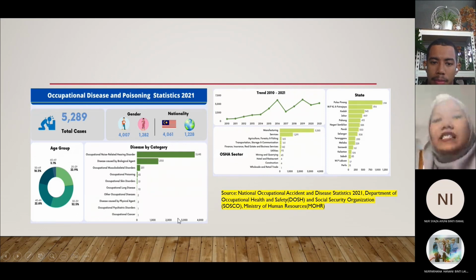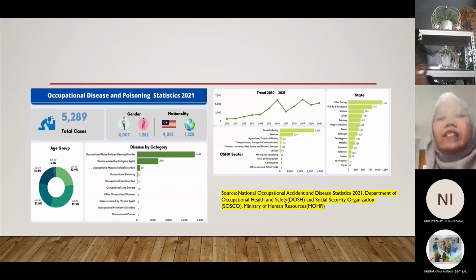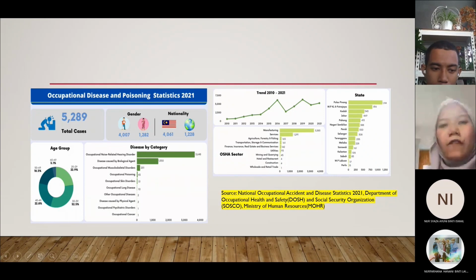These records were confirmed by DOSH, among the three highest categories of occupational disease. Noise-related hearing disorder, which is 3,648 cases. Next is biological agent and chemical, which is 1.3k cases. And the occupational musculoskeletal disorder, which is 201 cases.